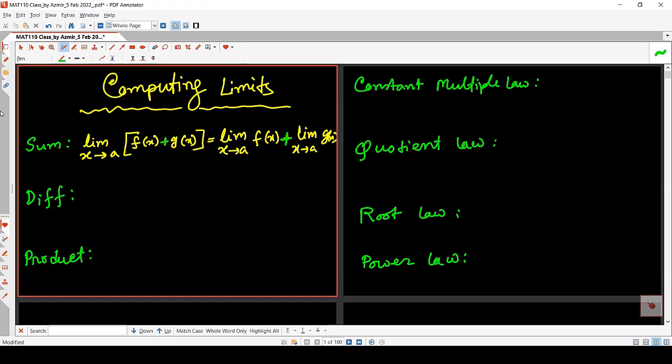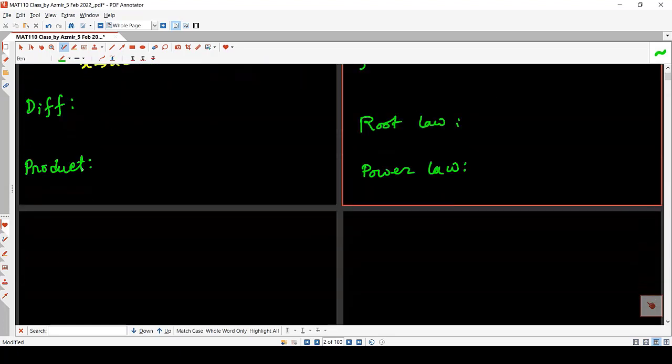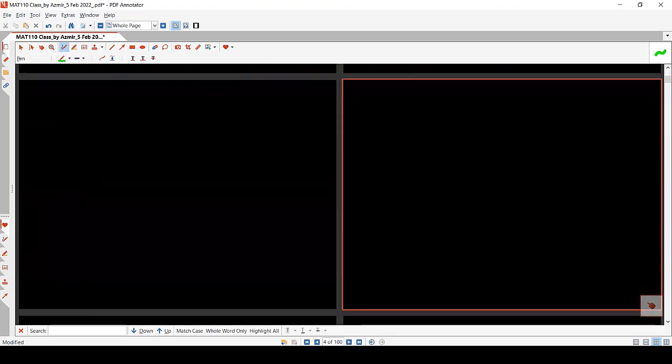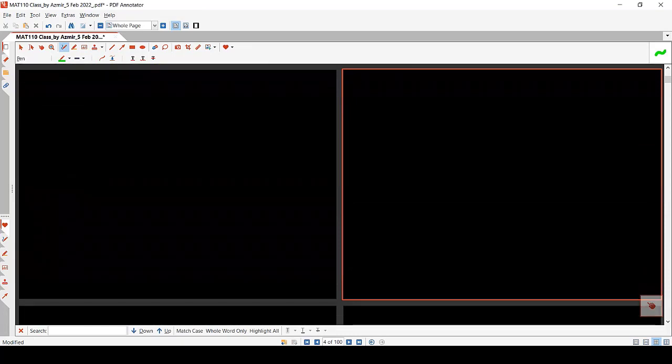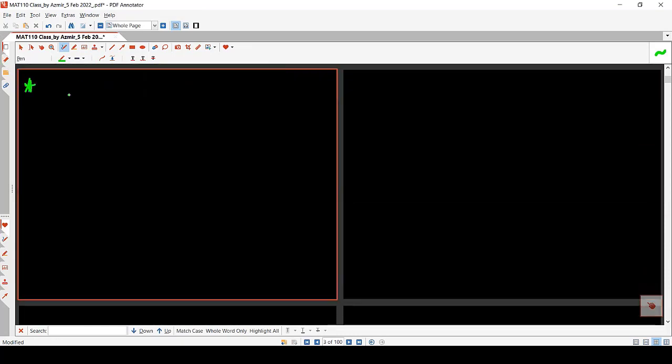So at first, let us have one example of sum property. Suppose we have a limit x tends to 2, x squared plus e power x. So this is considered as f of x and this is g of x.